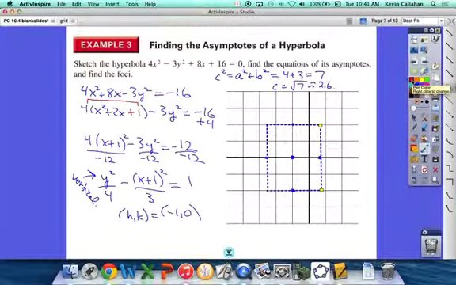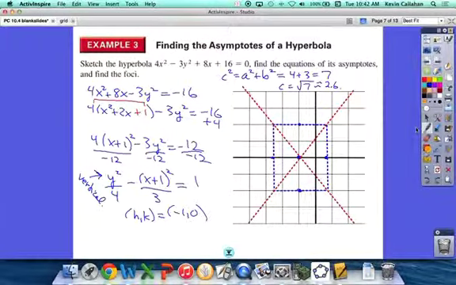Draw in the diagonals. And then what? Okay, that's all you need to sketch the graph. At this point, we know it's going to start at the vertex and approach the asymptotes. Because it's vertical, we need to sketch it in these two places right here.